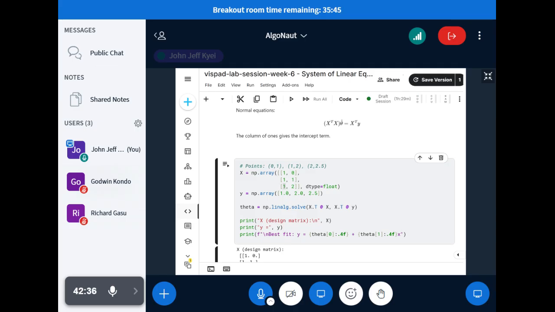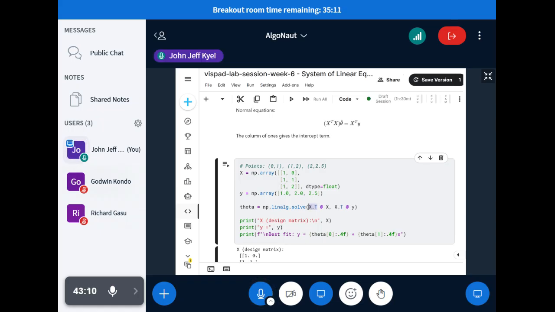Yeah, so that's why. As our equation over here is X transpose X times theta equals X transpose y, right? The first part, X transpose times X, is just computing the matrix transformation.